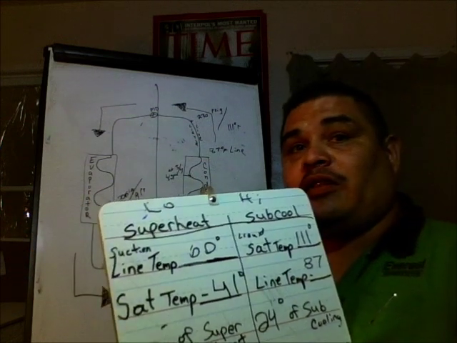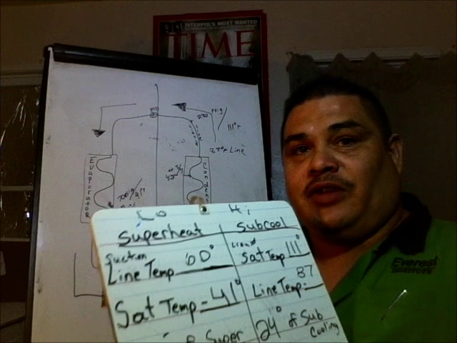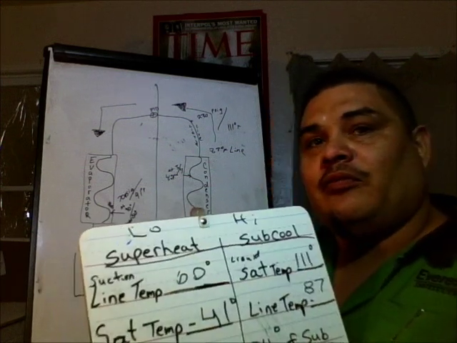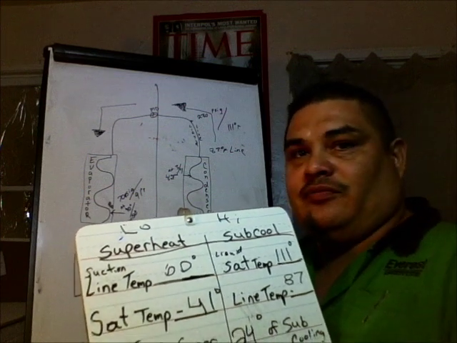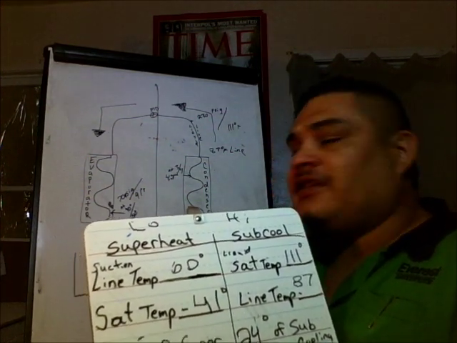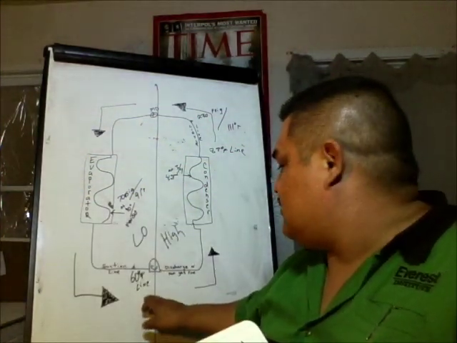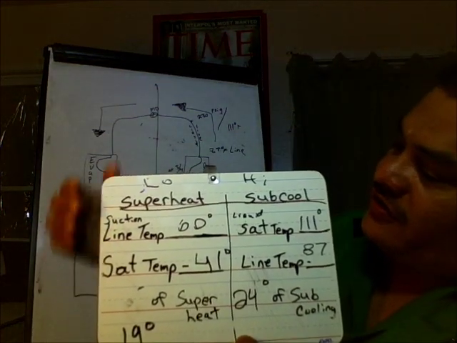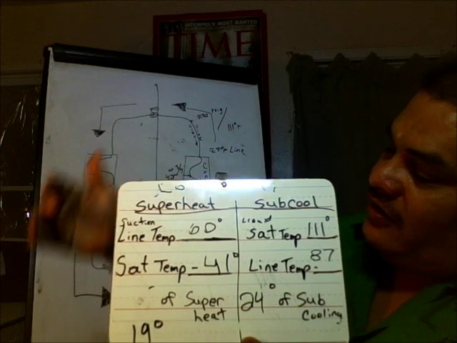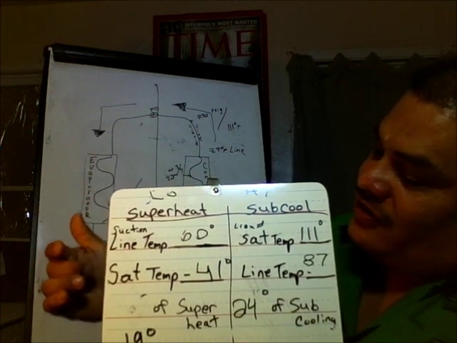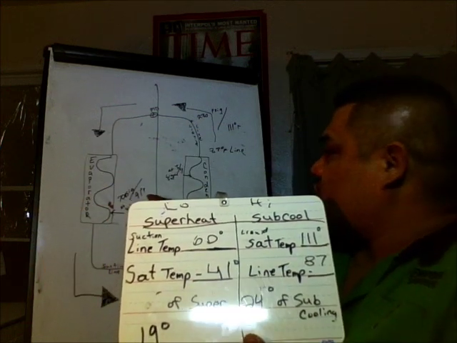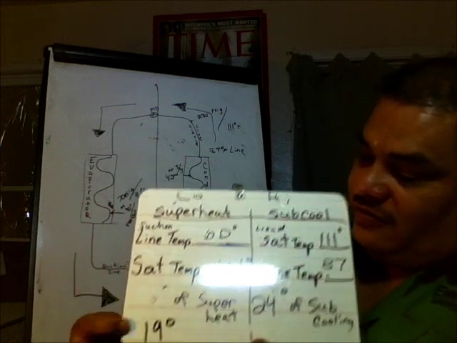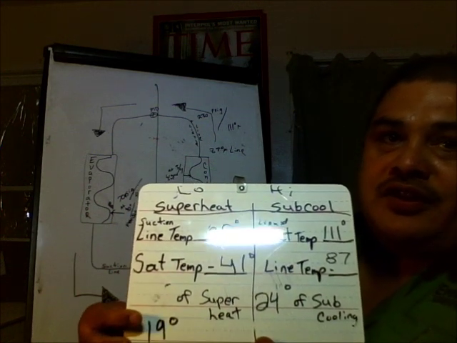I got my thermometer and went to the big copper piping, the one that's insulated, and took a line temperature, which came to 60 degrees Fahrenheit. So the formula is you take your suction line temperature, 60 degrees Fahrenheit, and subtract the saturation temperature of 41 degrees, which is what our gauges told us, and that gives us 19 degrees of superheat.